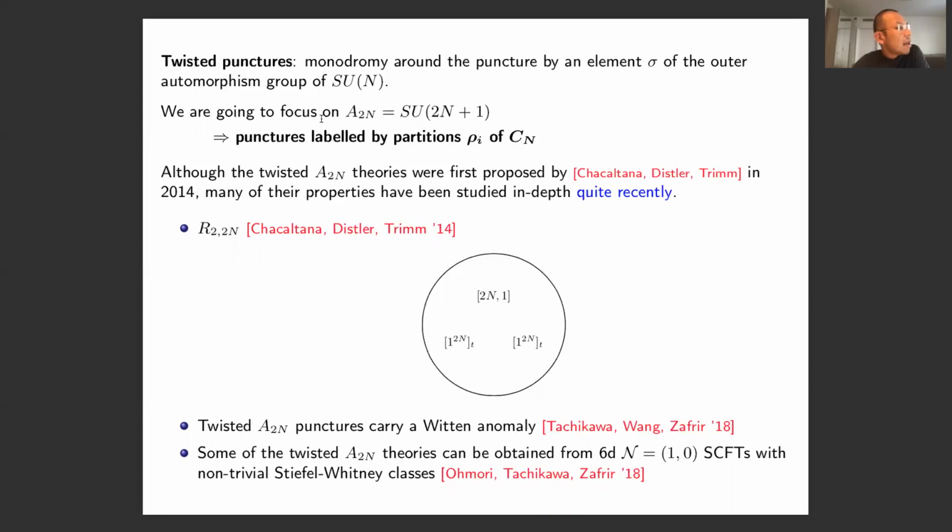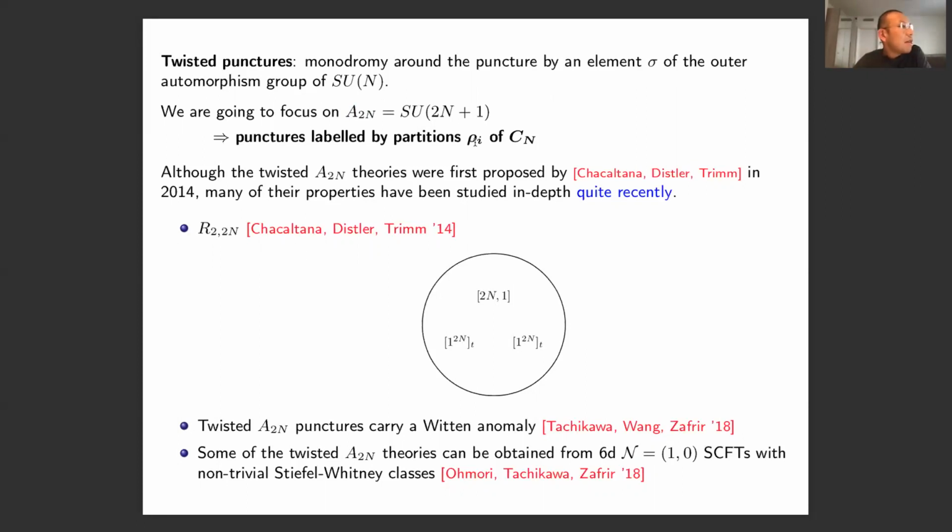You start with the class S theory of type A_even. A_even is just SU(2n+1), and there is an outer automorphism: you can think of this as the Dynkin diagram, and you fold it basically.